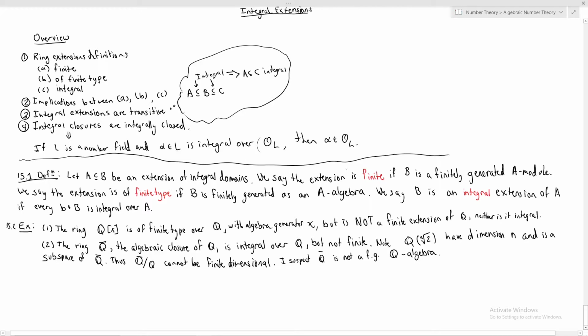What we'll see next is that finite is, in some sense, the strongest condition you could ask for. If my extension is finite, then it's necessarily of finite type and integral. So that's the next proposition, 15.3.